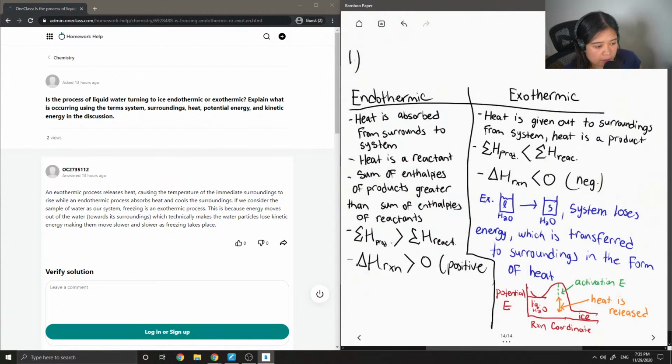So let's compare it to what a potential energy diagram would look like for an endothermic reaction. So just drawing the same diagram. Let's say we wanted to melt ice. It will look like this.